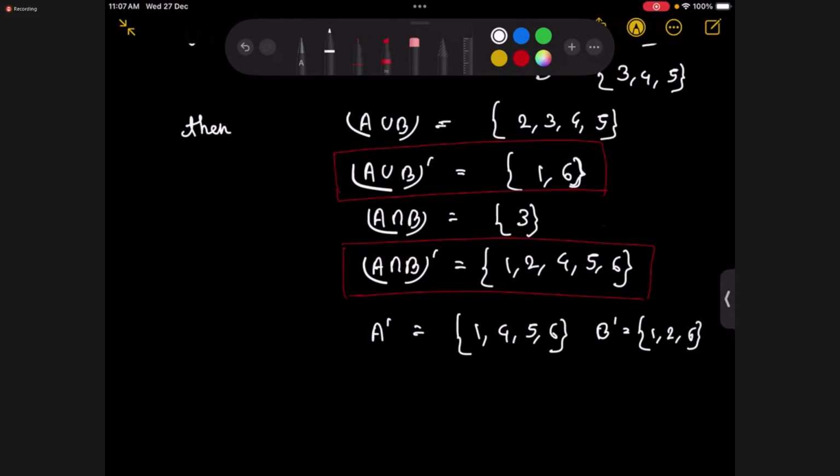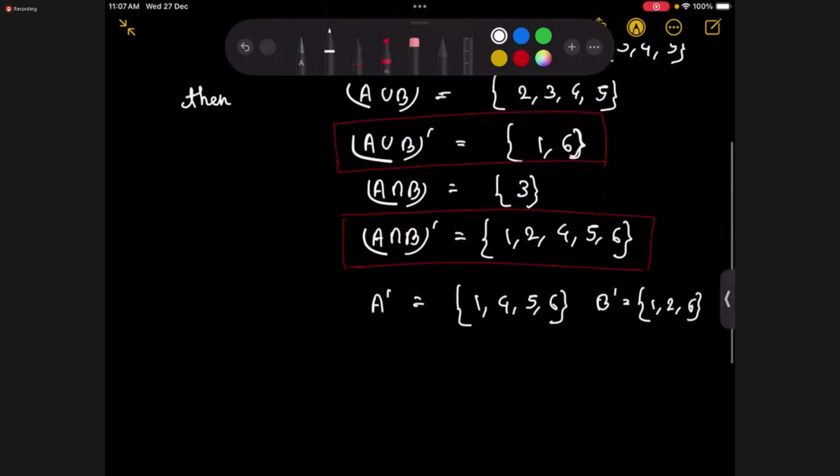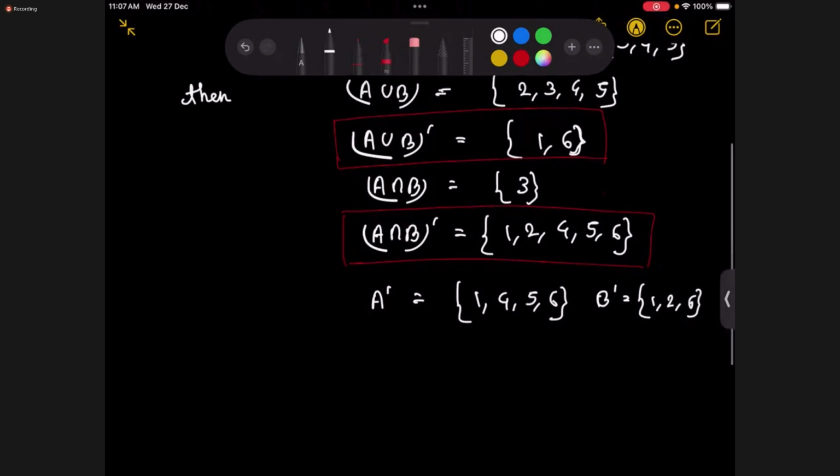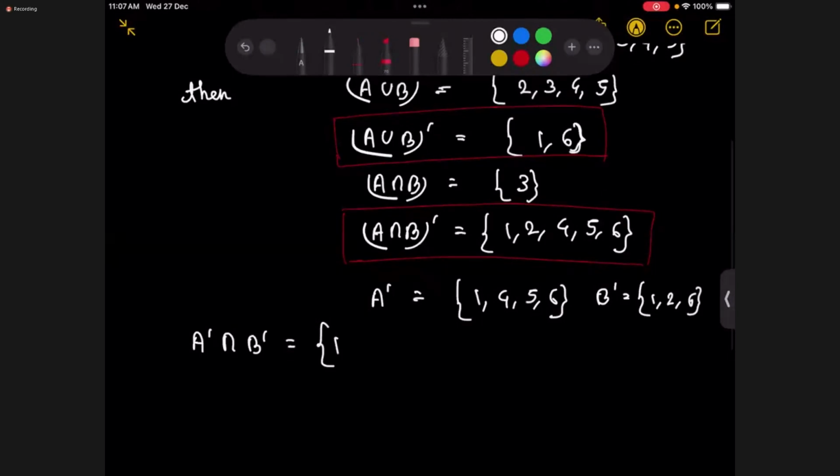Okay. So check that. What about A complement intersection B complement? If I check A complement intersection B complement, we will get first 1, then 6.